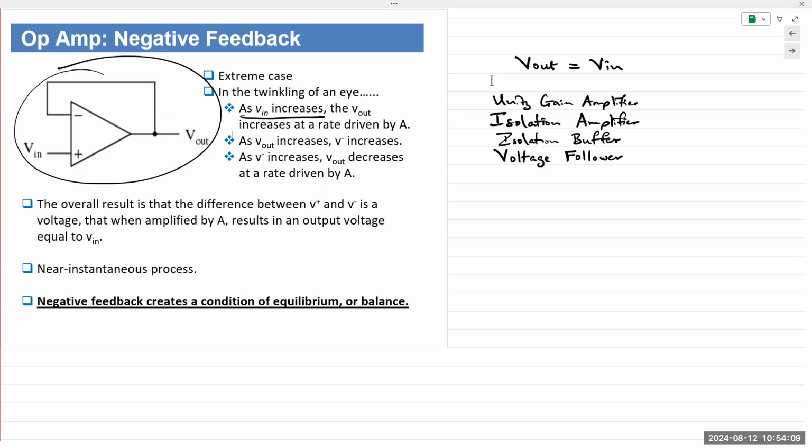So here, the op-amp in open loop, of course, we say it has infinite input impedance and low output impedance, but now we have created a circuit by taking the output and feeding it back into the input. And this circuit itself also has high input impedance and low output impedance.